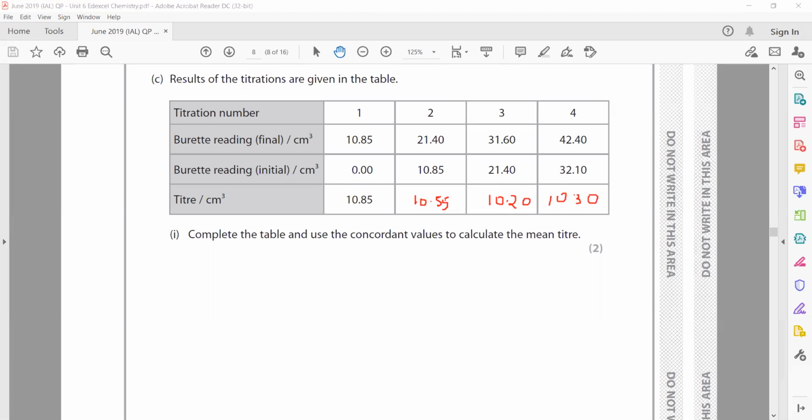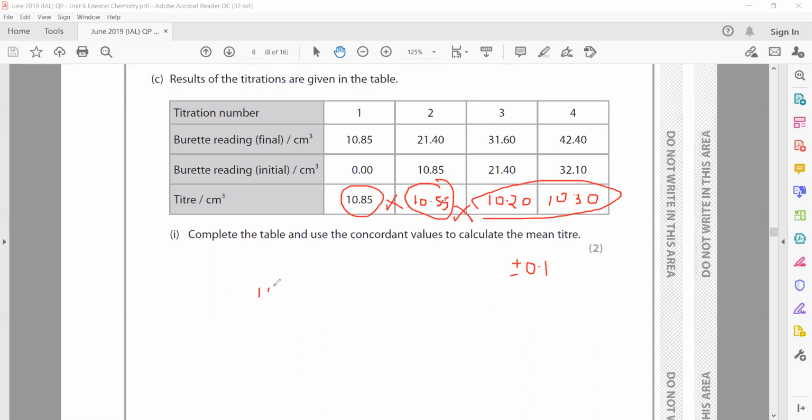When we take an average or mean value, look, if you check, in the calculation of the mean titer, 0.1 more or 0.1 less is considered accurate. As you can see, the first result was 10.85, so it will not be used to calculate the average. The second is 10.55, but the third and fourth, 10.2 and 10.3, are within 0.1.